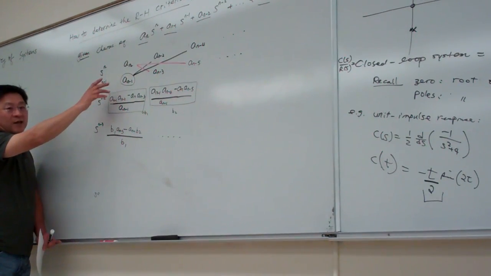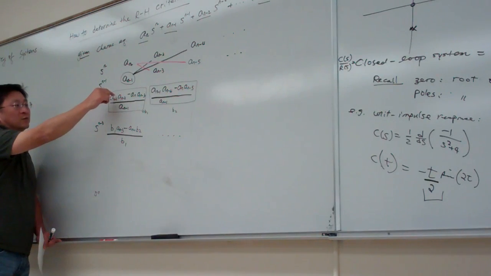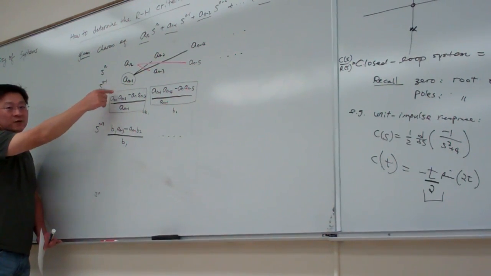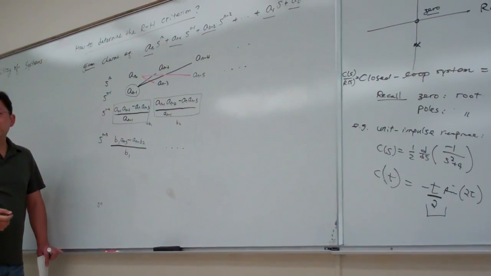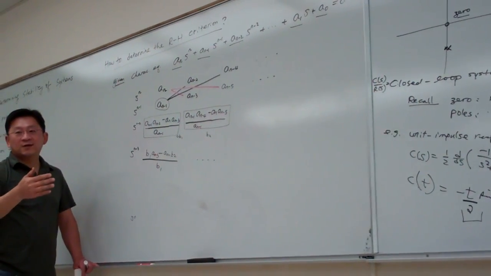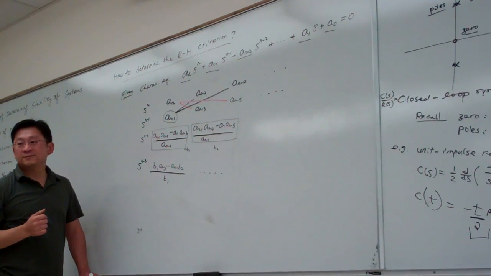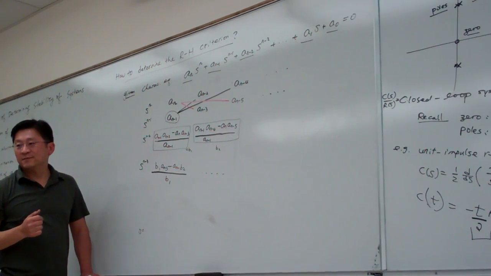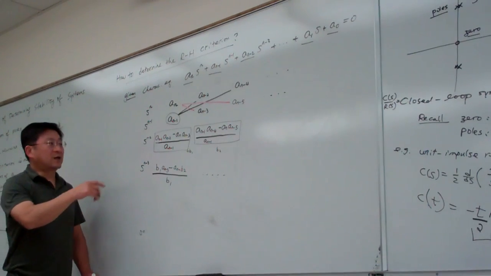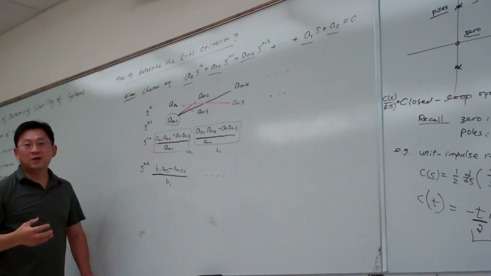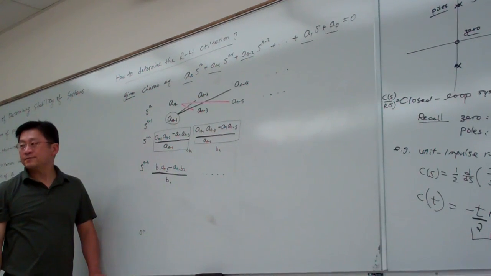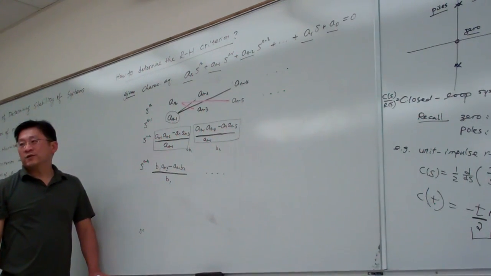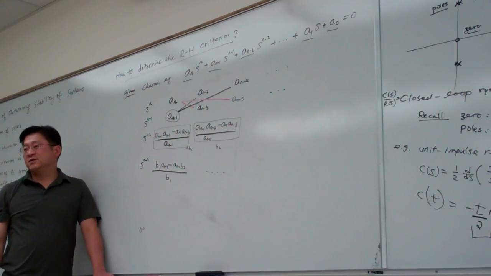You are looking for the sign changes from number to number. The number of sign changes is equal to the number of poles on the right-hand side of the complex plane.